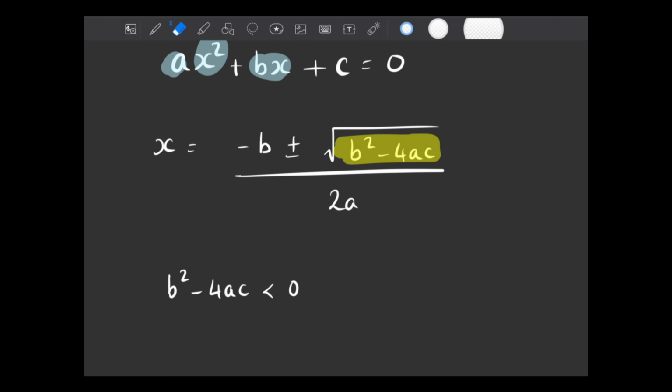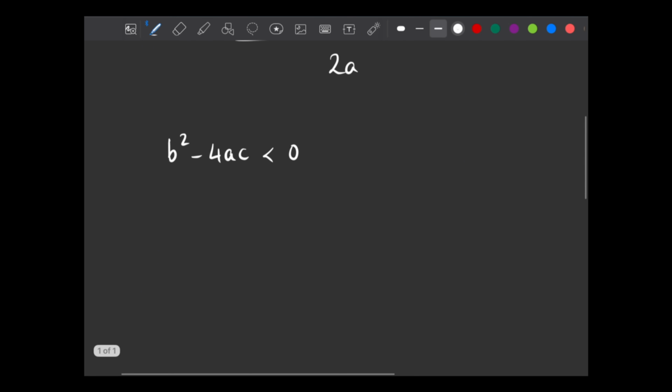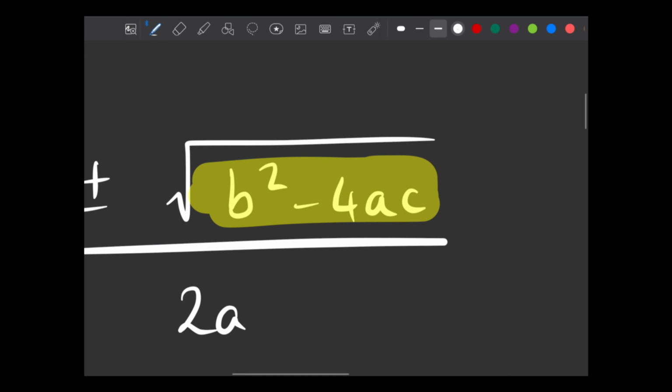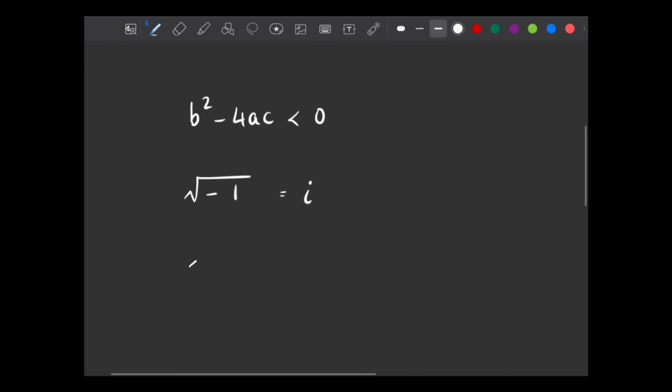But we can find a solution to this equation if we extend our number system to include the square root of negative 1, which we called i. i represents imaginary. So we define the square root of minus 1 to be equal to i. Now, this solves a lot of problems for us because now, say the discriminant is minus 36.